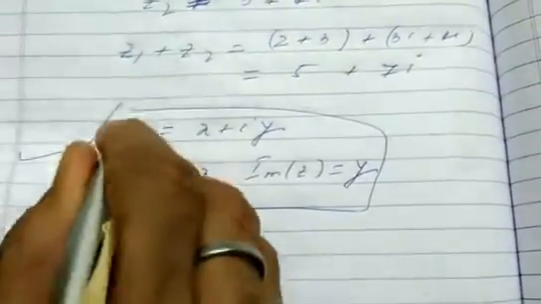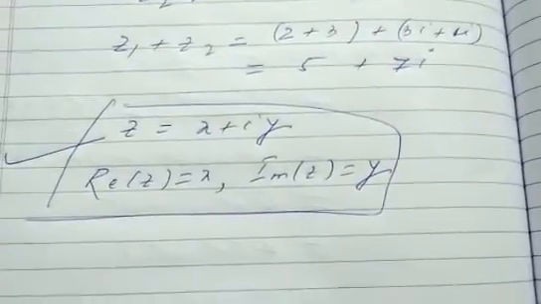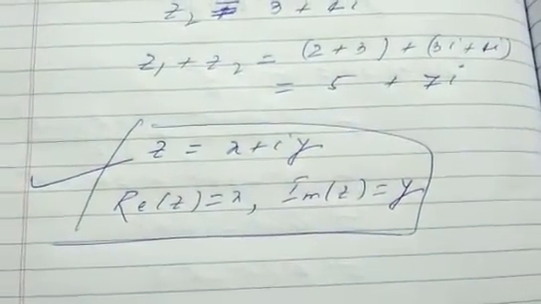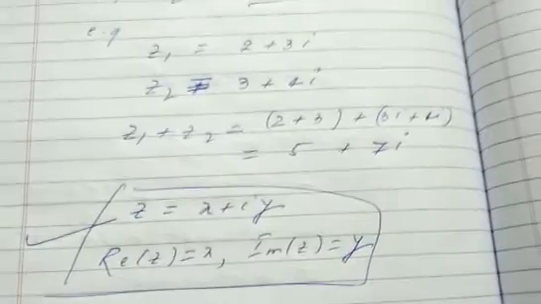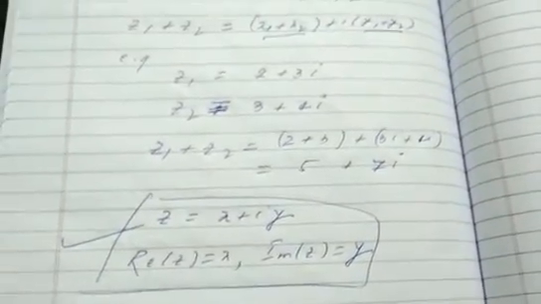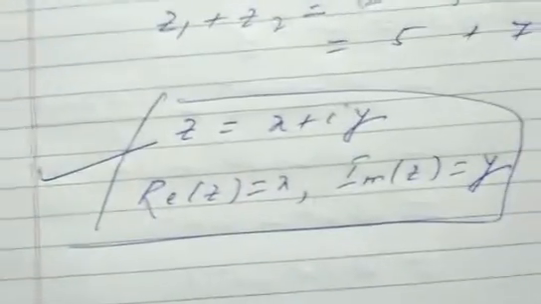I'm not moving further, as I have repeated this. Further we'll go with the properties of addition and multiplication of complex numbers, and also discuss what the multiplicative inverse and additive inverse are.